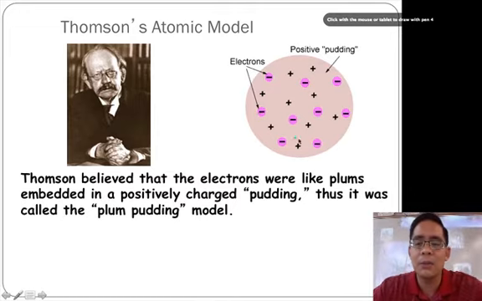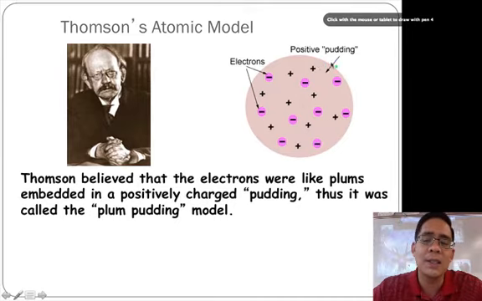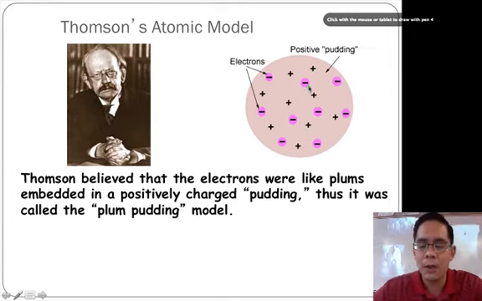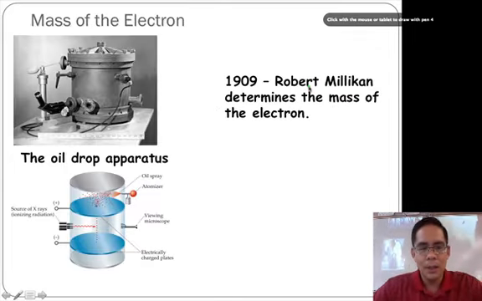So he was the first to start thinking about the structure inside the atom, and he thought that the positive pudding was also mixed with these negative electron charges, the plums themselves, and of course these were able to escape whenever you put them through high voltage. And again, we'll talk about that in more detail in class.